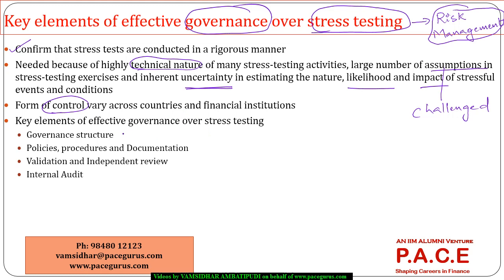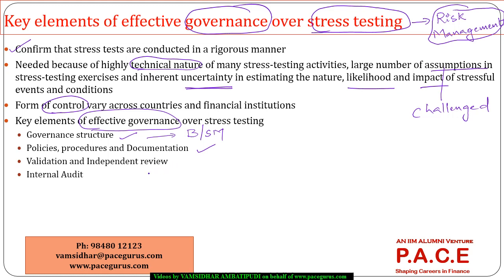But in general, when we are talking about effective governance and stress testing, we are talking of four major aspects. One relating to the governance structure, where we will be talking about the board of directors and the senior management, their roles in the process. Then policies, procedures, documents, whatever are there in place, to what extent they support the stress testing activity of the organization.